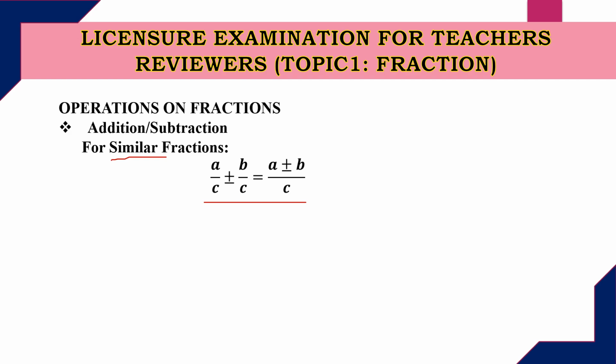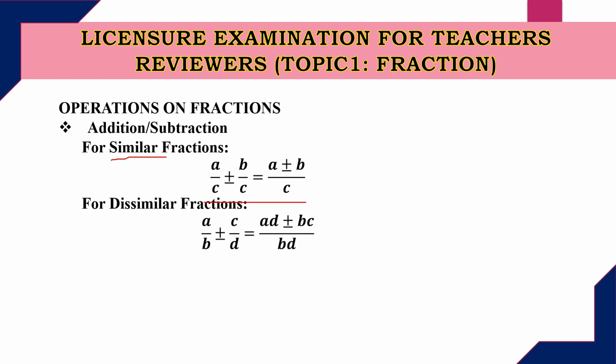Now, what if the given fractions are not similar? What if they are dissimilar, meaning they have different denominators? The rule is A over B plus or minus C over D equals A times D plus or minus B times C all over BD.